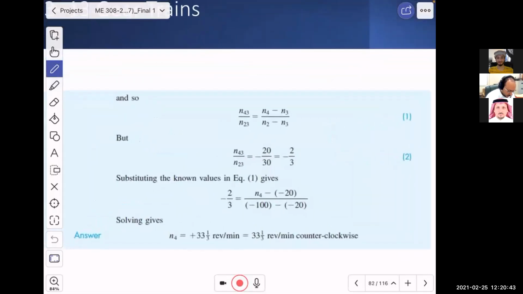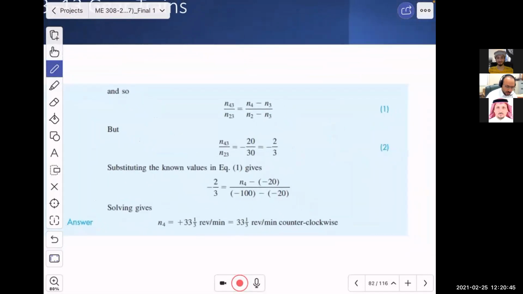Now let me zoom this up. Now we end up in here. Now here, what do we have? We have N4,3, the relative RPM between 4 and 3, equals N4 minus N3 divided by N2,3, which is N2 minus N3. The question is, how did we obtain this ratio?